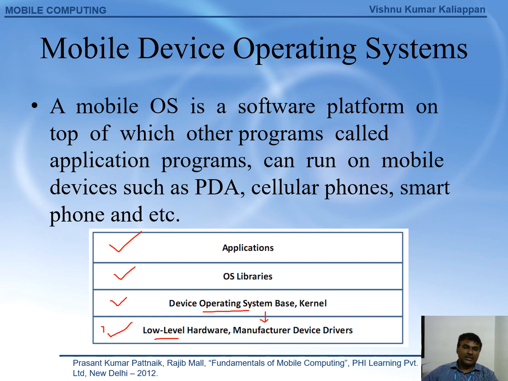The operating system should be capable enough that all the hardware is 100% utilized, and the OS library should communicate with the operating system, where the responsibility of the OS library is to communicate from the application to the operating system and from the operating system to the hardware. So this is how communication happens from top to bottom, and vice versa from bottom to top.